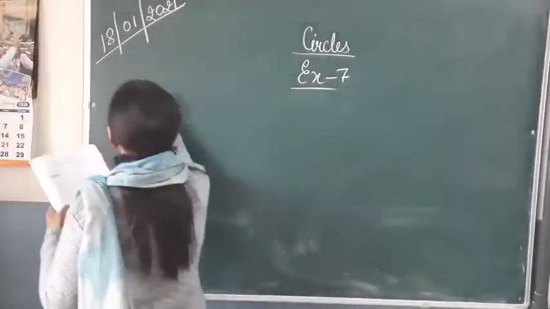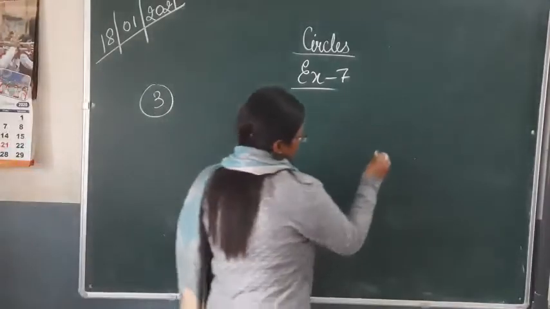So in question number 3, there is a figure given. A circle is there like this.